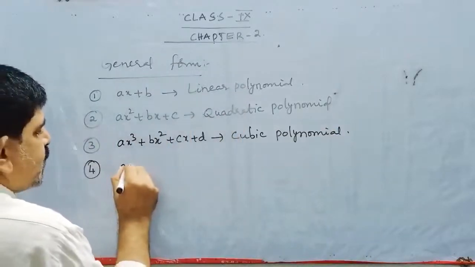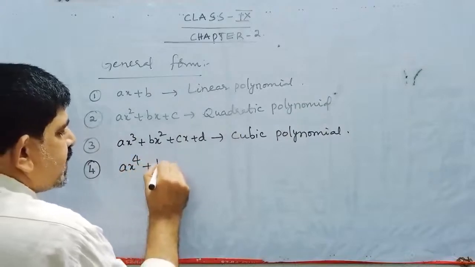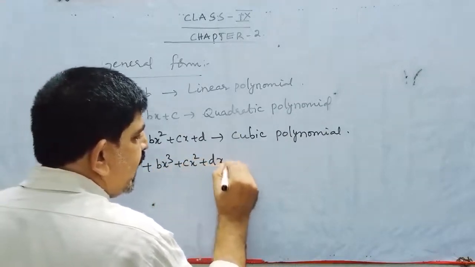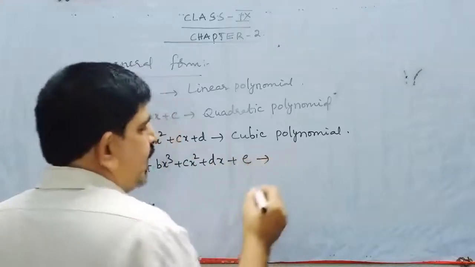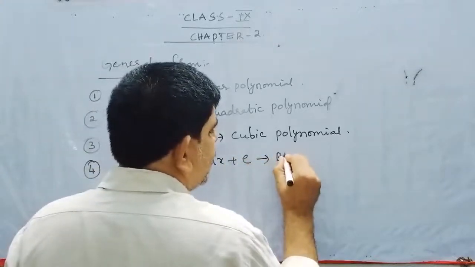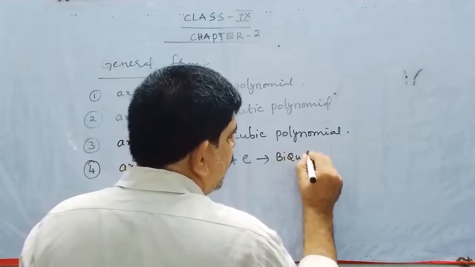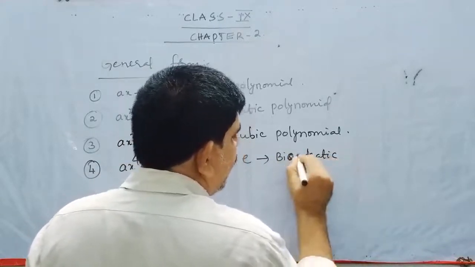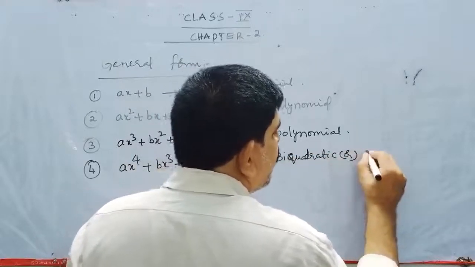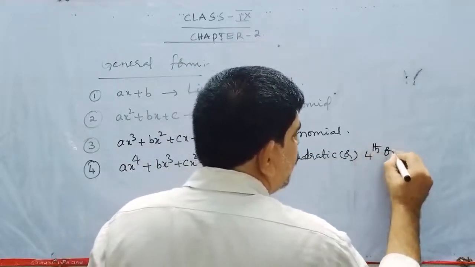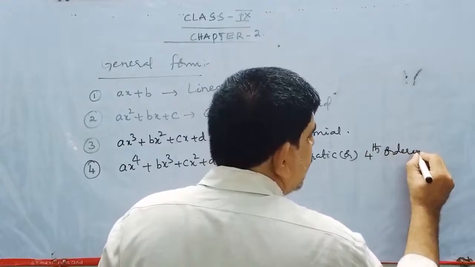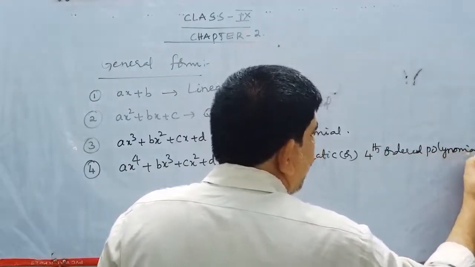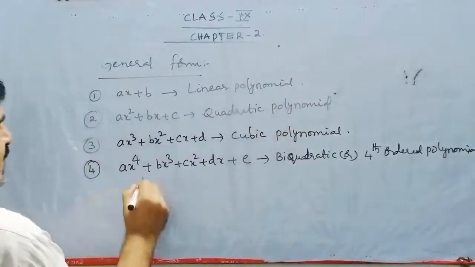Ax to the power of 4 plus bx cube plus cx square plus dx plus e is biquadratic or fourth ordered polynomial. And so on.